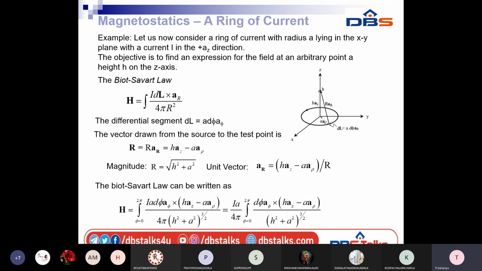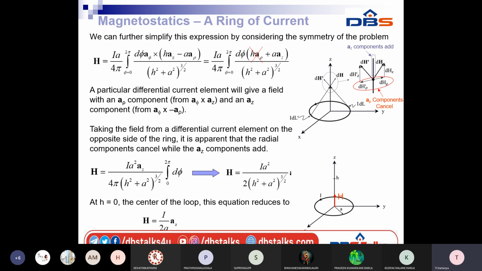Next concept: the Biot-Savart law can be applied to a ring. For that we keep the current conducting element in the shape of a ring. Due to this ring, the field at a point P we have to calculate.